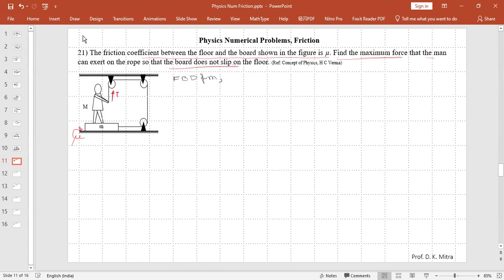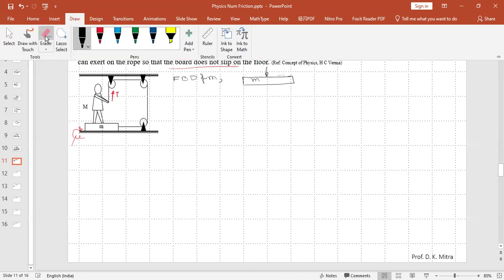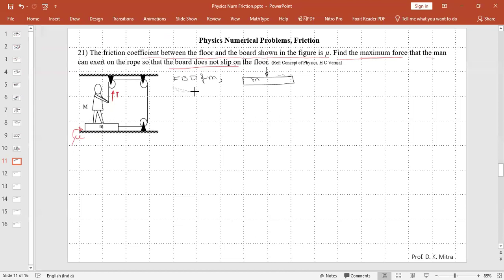Then what we have, this is the board of mass small m, and there is a reaction given by the person. Or rather, what I do that will be easier for you to understand, let's take the free body diagram of the man first.